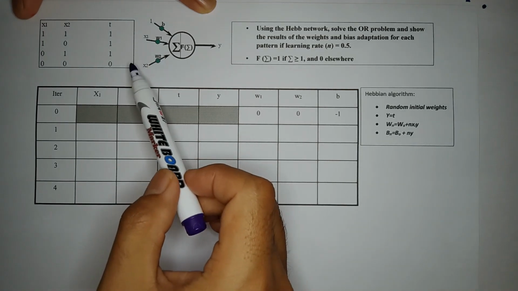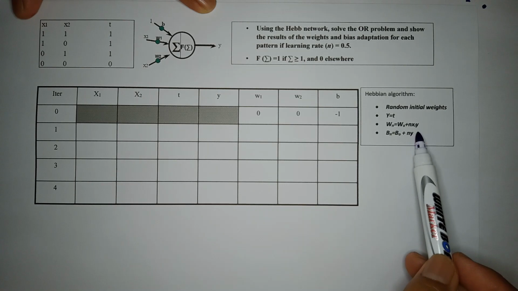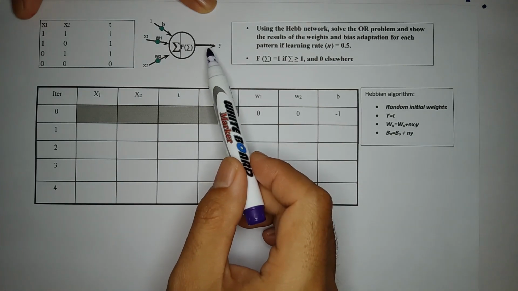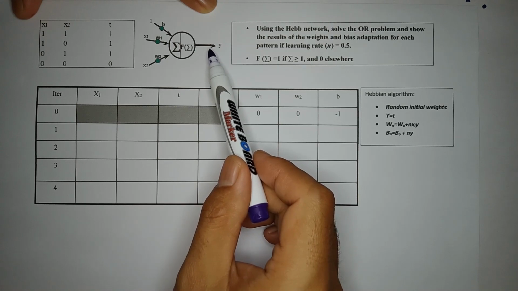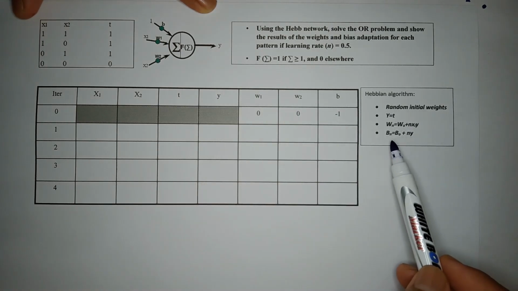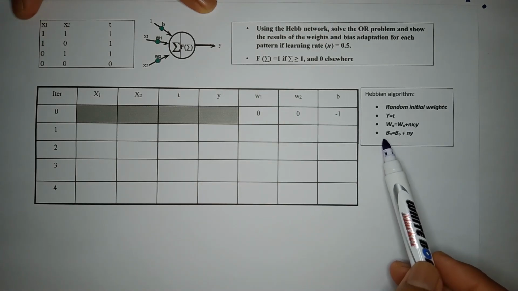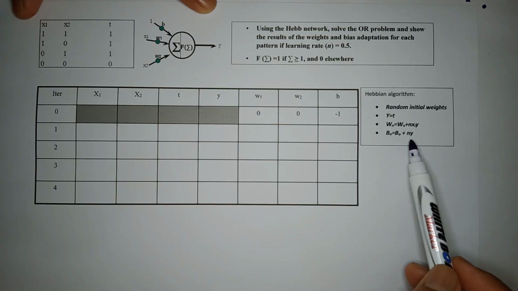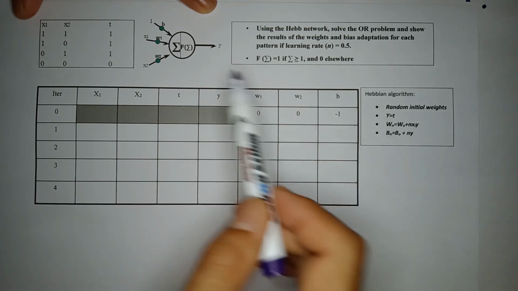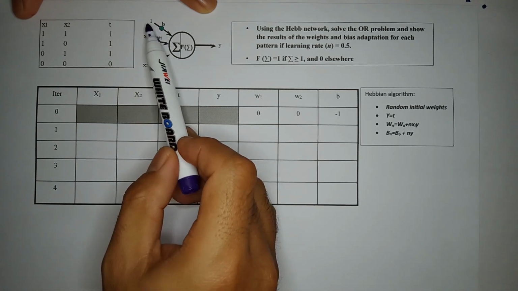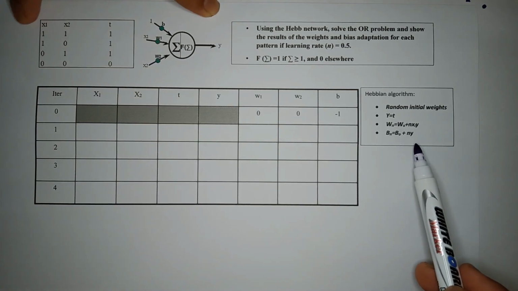We have two inputs here, x1 and x2, and y is the output for every sample condition. The same goes for the bias: b new equals b old plus ny. It is more or less the same as the weight equation, only we don't have any x, because the bias input is equal to 1.